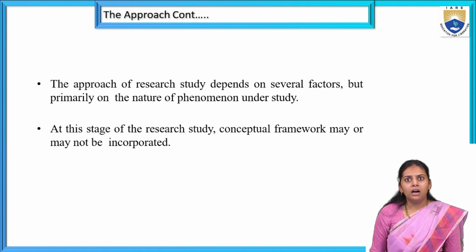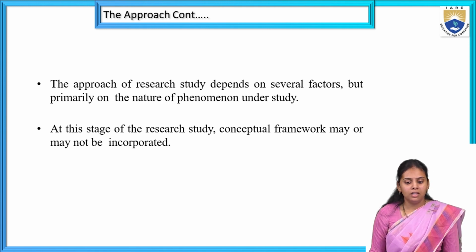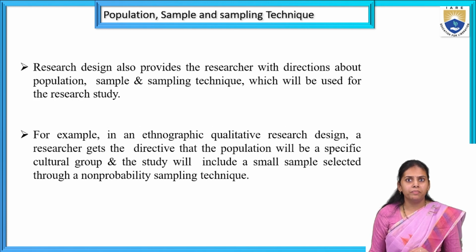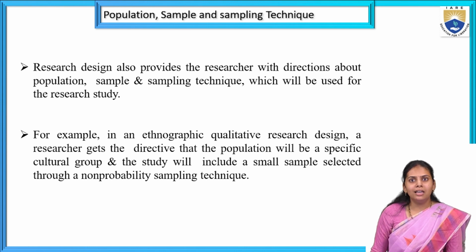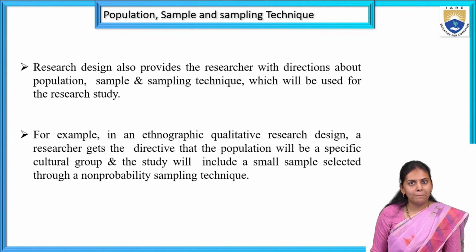And what are the approaches of a research study depends on several factors, but primarily on the nature of the phenomena under study. At this stage of research study, a conceptual framework may or may not be incorporated. Research design also provides the researcher with directions about population, sample and sampling technique which will be useful for a research study.